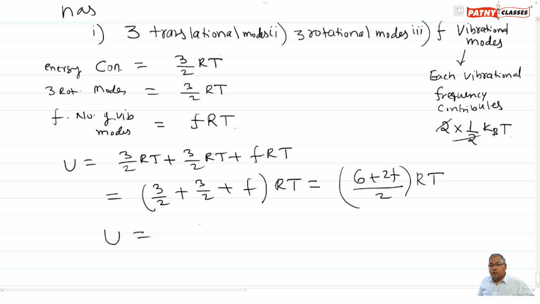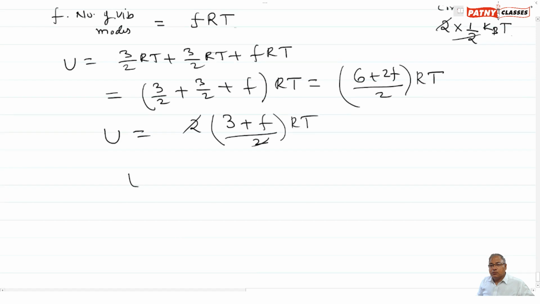Therefore, with 2 taken common, U equals 3 plus F divided by 2 RT, 2 and 2 get cancelled.